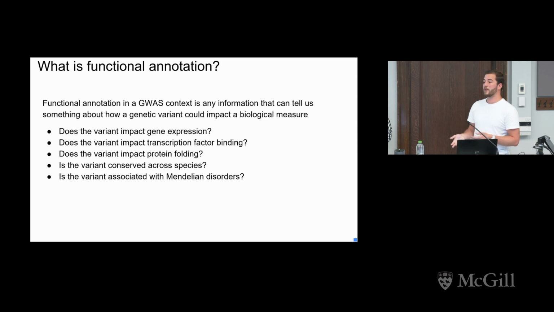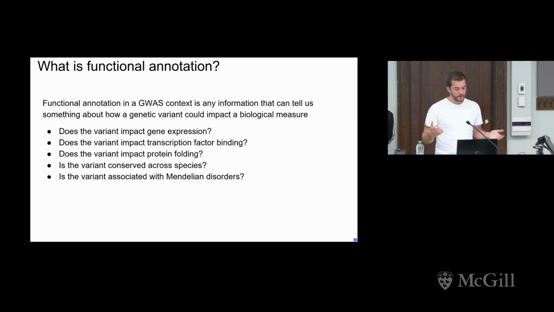That can be whether a variant impacts gene expression, or impacts protein folding, so the protein might be less efficient at doing, I don't know, some enzymatic process, for example. Maybe a variant is associated with a Mendelian disorder that resembles part of a complex trait that you're interested in. And all of these annotations can help us resolve these loci and find the convergence of your GWAS in this broader biological context.